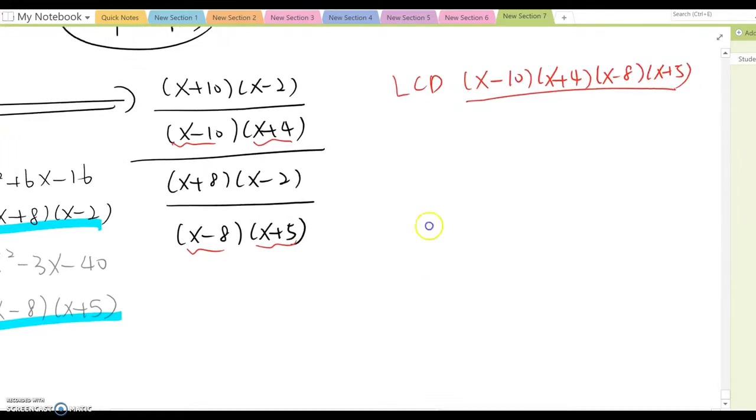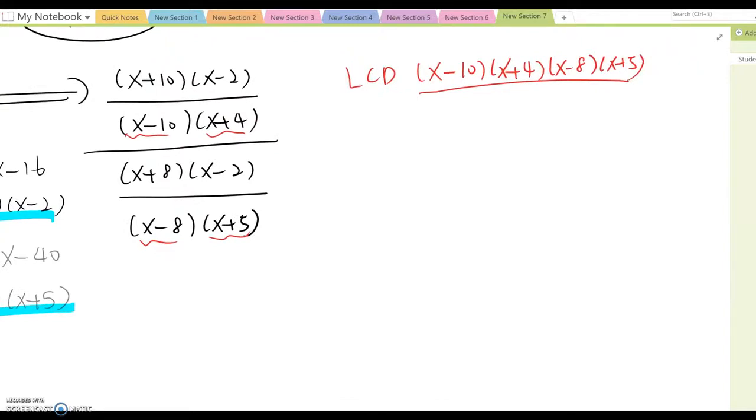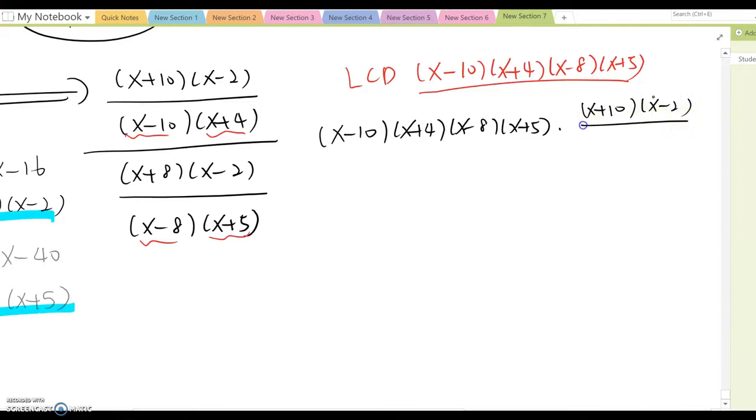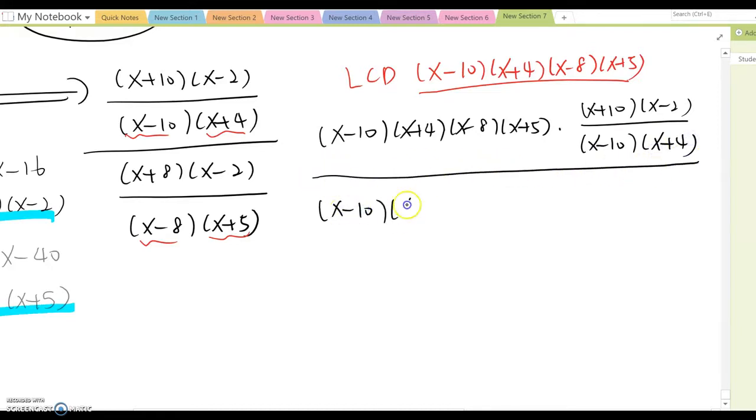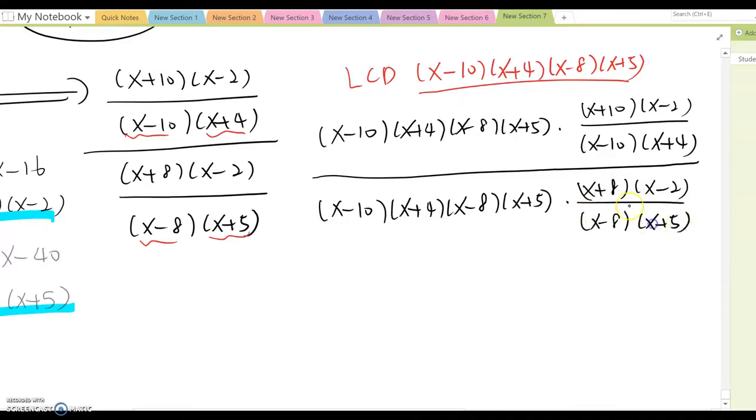Okay, then this is going to be x minus 10, x plus 4, x minus 8, x plus 5 times x plus 10, x minus 2 over x minus 10, x plus 4, over the same thing, x minus 10, x plus 4, x minus 8, x plus 5 times x plus 8, x minus 2 over x minus 8, x plus 5.